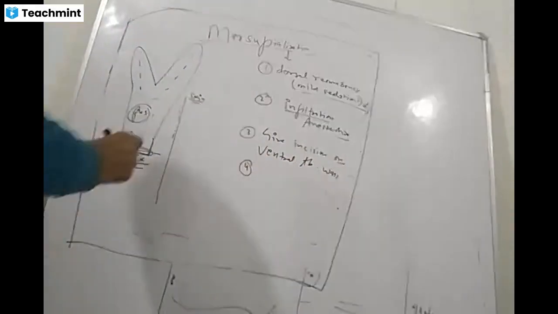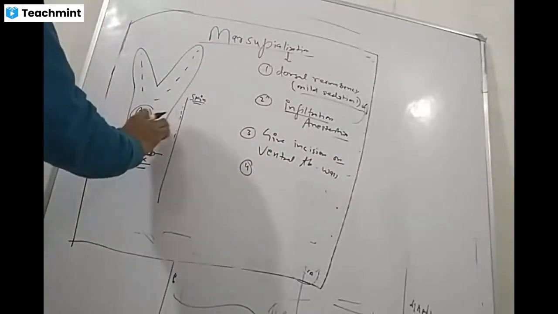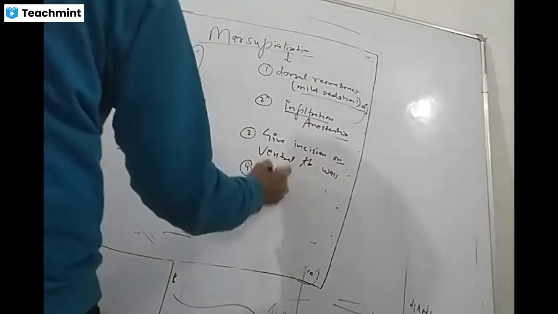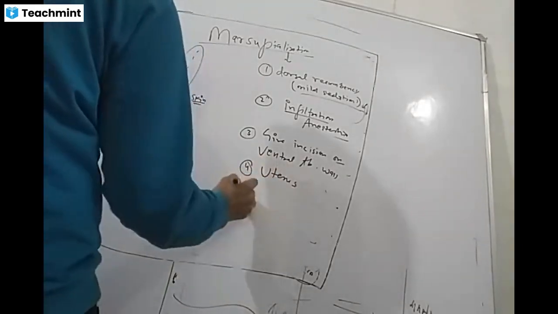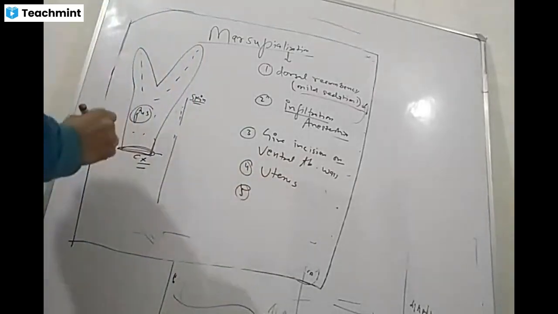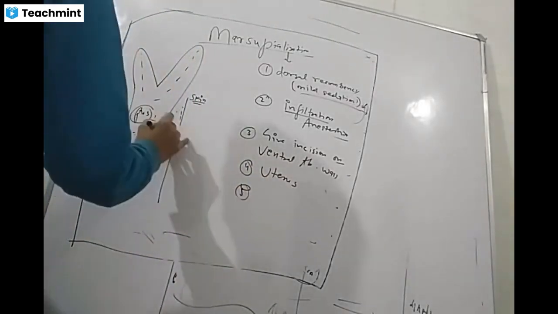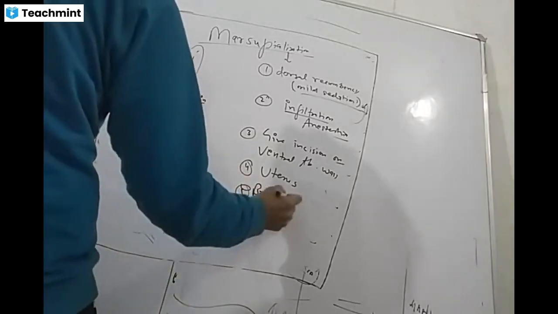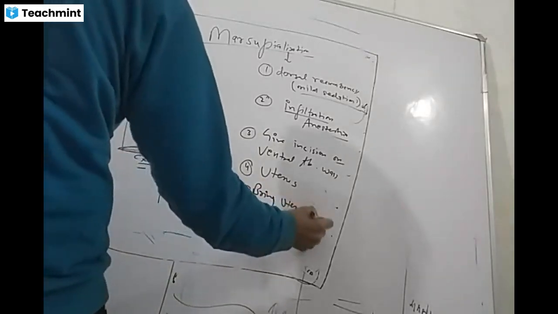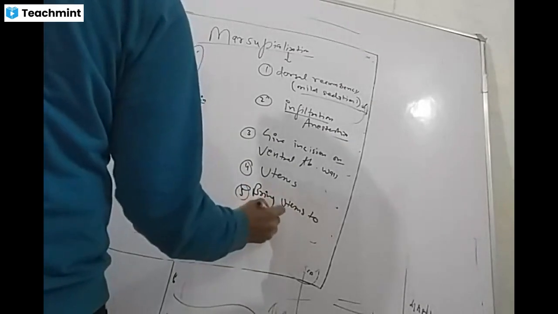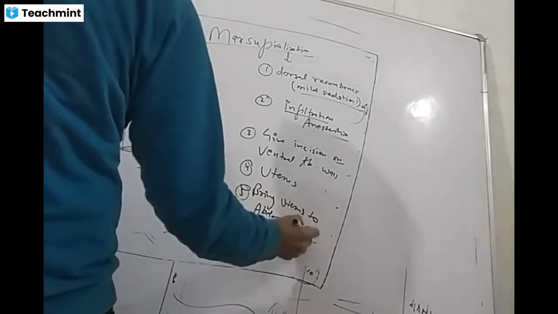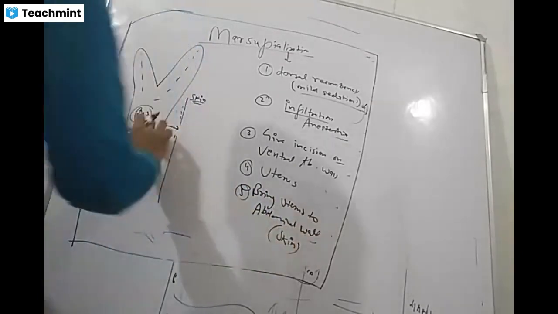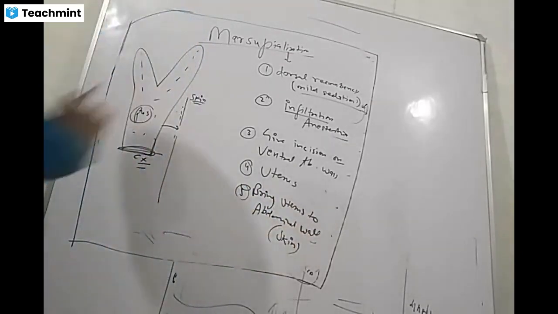Then after taking the incision, you will find the uterus. Number 5: bring this uterus to your abdominal wall, near the skin.